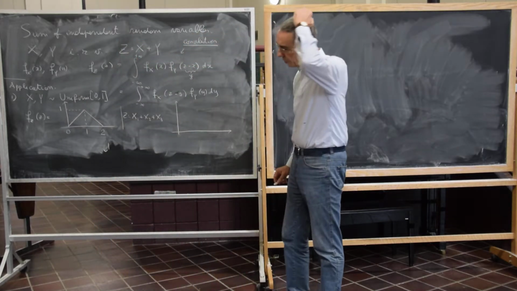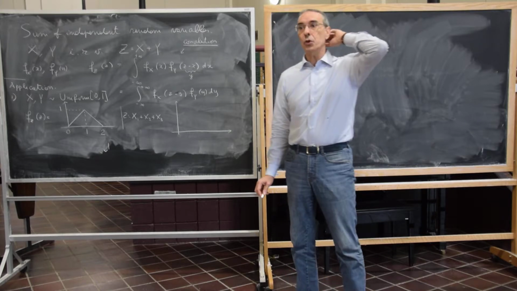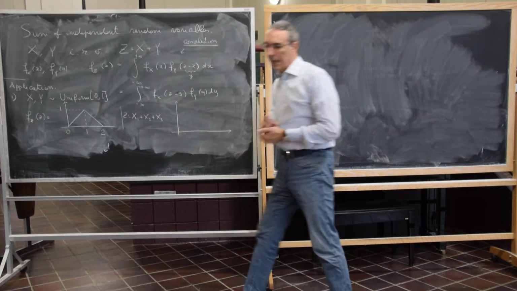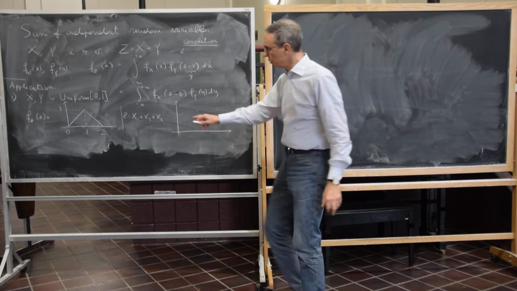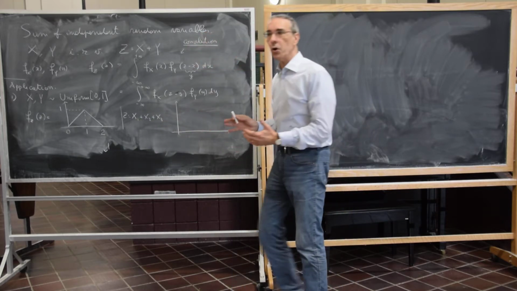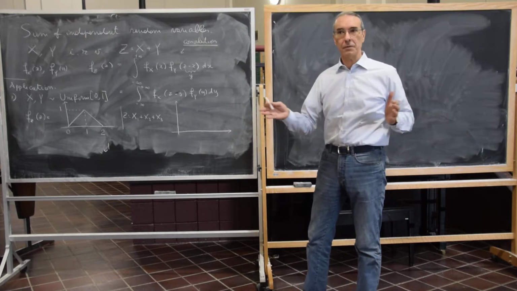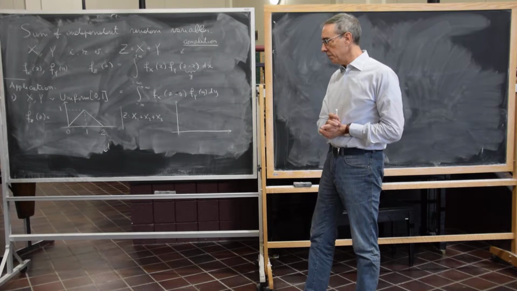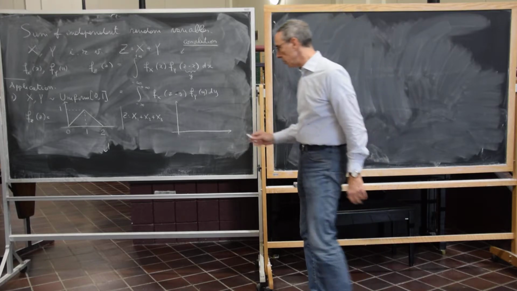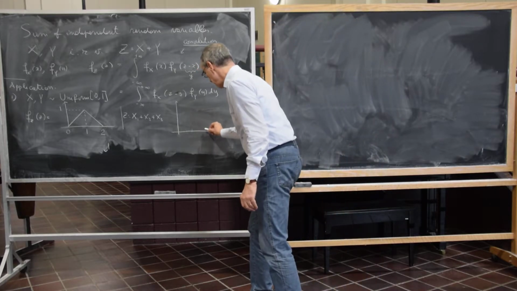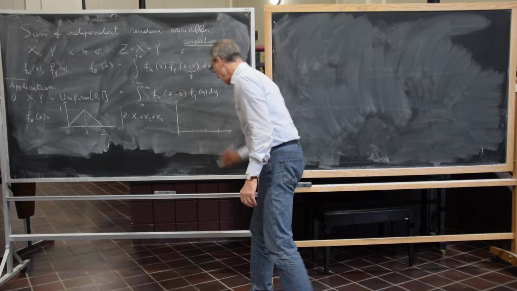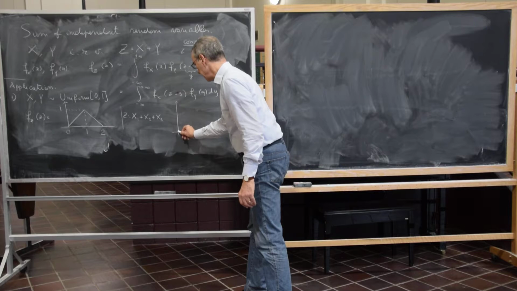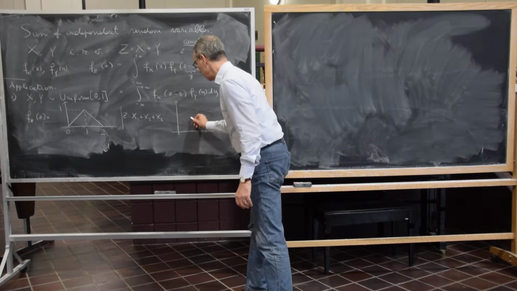First of all, if X1, X2, and X3 are uniform 0, 1, then the support, which is the set of the interval in which these functions are non-zero, will be from 0 to 3. And then you can show that the function is like this.